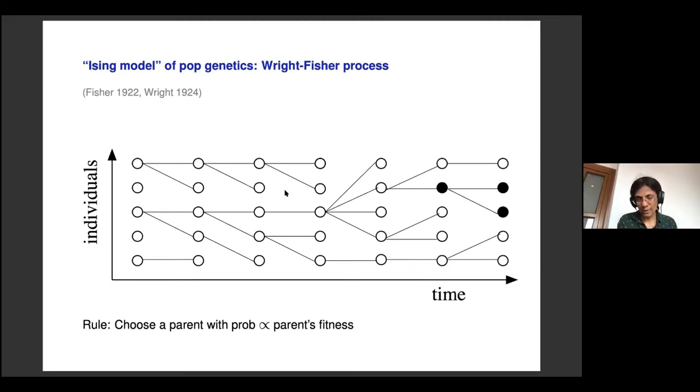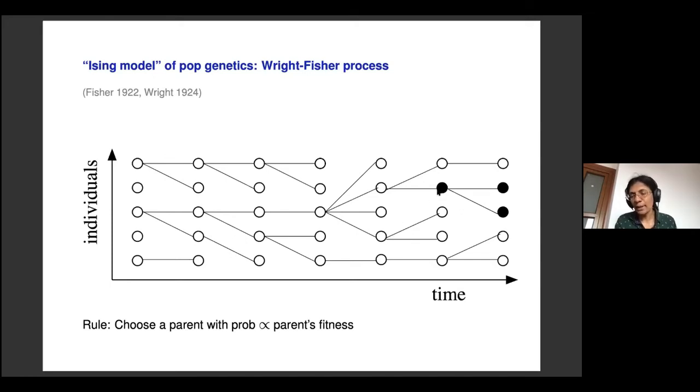So what basically one is doing here is a dynamical process. What we have is a bunch of individuals, say again the 5 of them, and these 2 steps that I said, selection and reproduction, one can eliminate them and implement this process in which each offspring chooses a parent with a probability proportional to the parent's fitness. So this one chose this parent and this one chose this parent and so on, and you can implement it very easily in your computer.